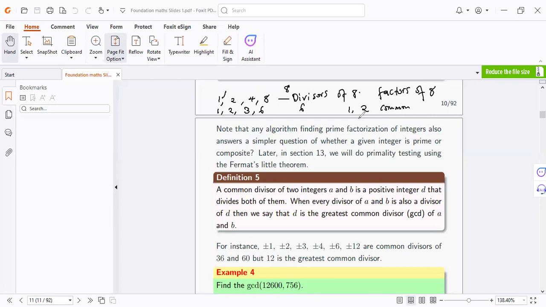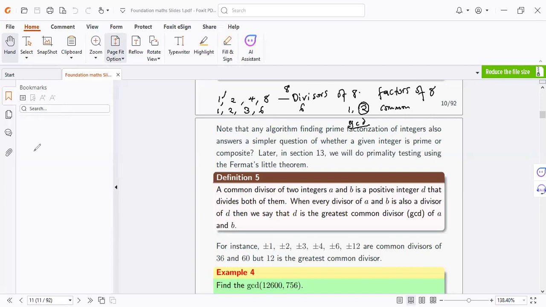Now, what is important for us is the greatest common divisor, the GCD. Of the common divisors, which are 1 and 2, the greatest is what we are interested in, and that is very important in this course.